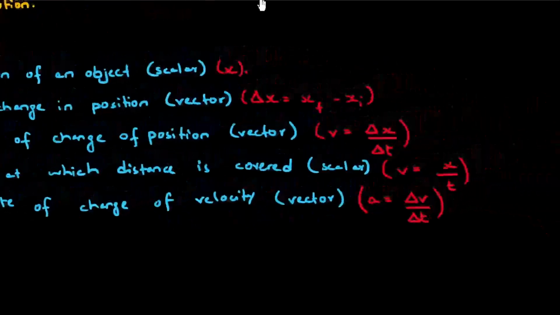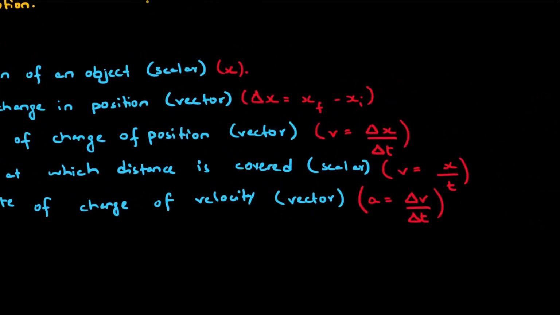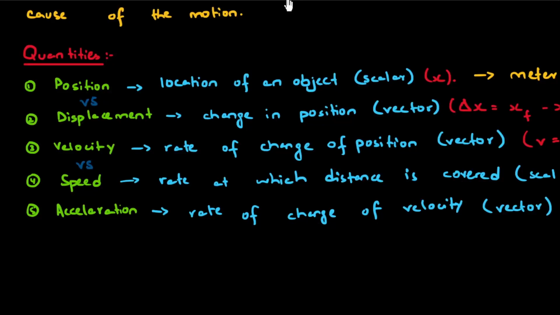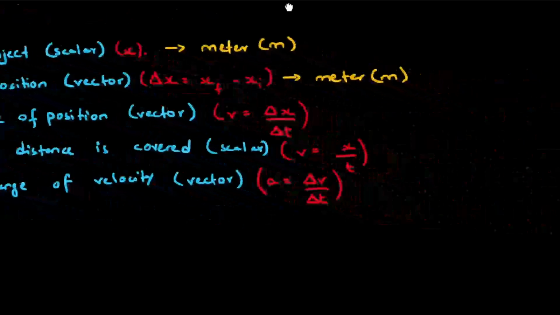Now, all of these quantities have their own respective units. Starting with position, it has the unit meter, represented by an m. Then displacement has the same unit, meter, as well, since they are both essentially the same quantity, but the difference is in the fact that one of them is represented by just a magnitude, while the other is represented by a magnitude and direction.